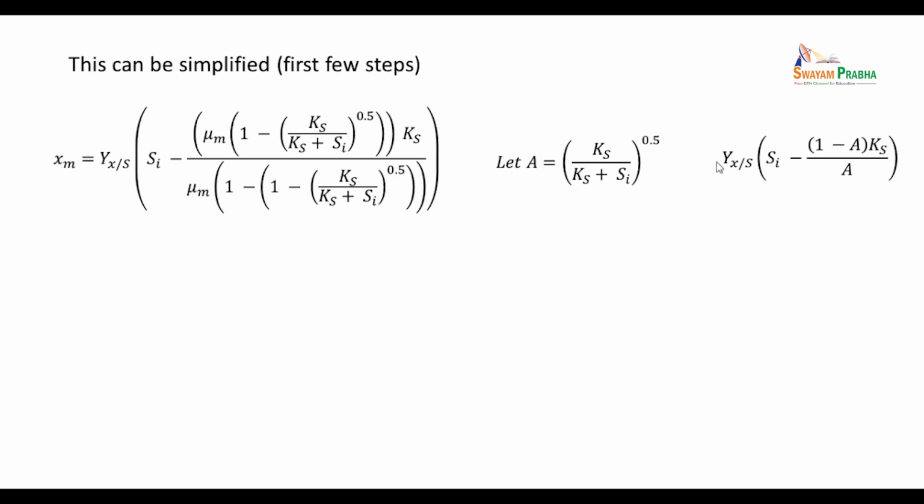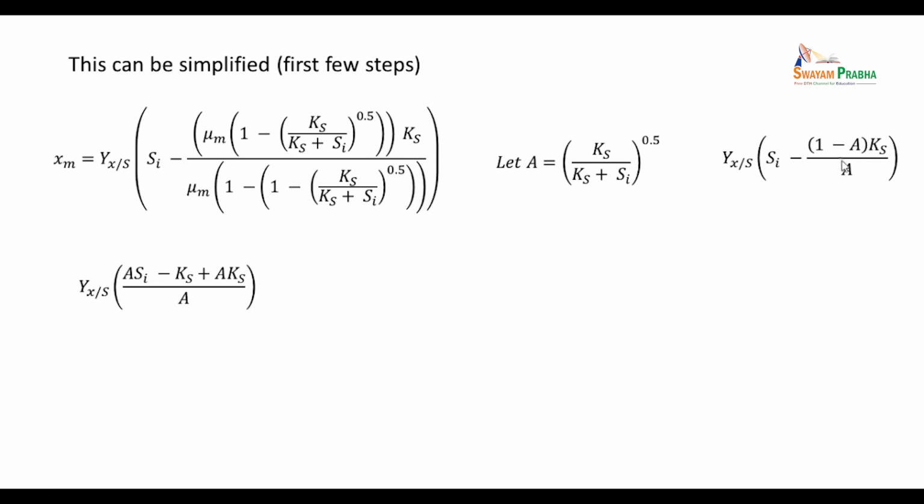I am taking a look at Yxs times Si minus 1 minus a, times Ks divided by 1 divided by this. The 1 and 1 get cancelled out if I open the brackets, and then this would become plus, which would just be a. The mu m and mu m are going to get cancelled out anyway, so that goes out.